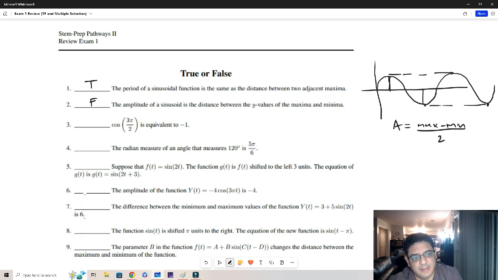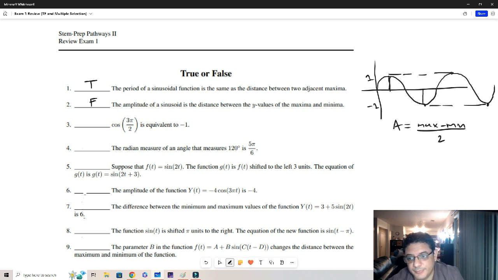If this is a normal sine function that goes from 1 to -1, the amplitude is 1, since 1 minus -1 is 2, divided by 2 is 1. So in general, the amplitude of sinusoidal functions will be maximum minus minimum divided by 2.